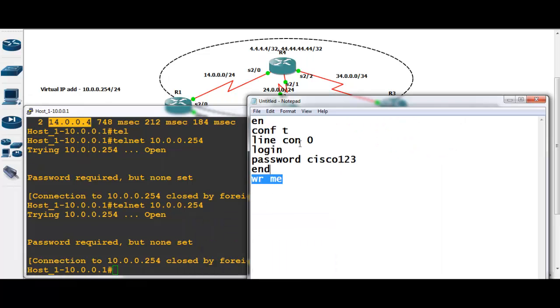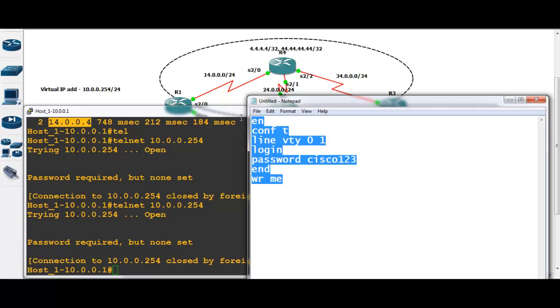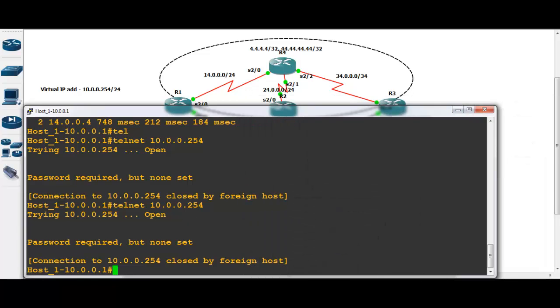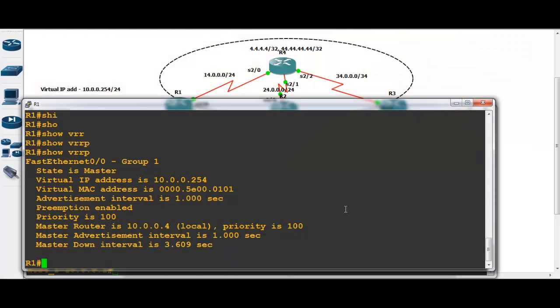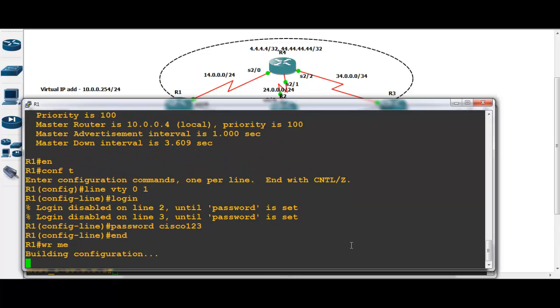I'm very sorry, it should be line vty. So telnet was not enabled actually, it was only console. Alright, so VTY is enabled here.